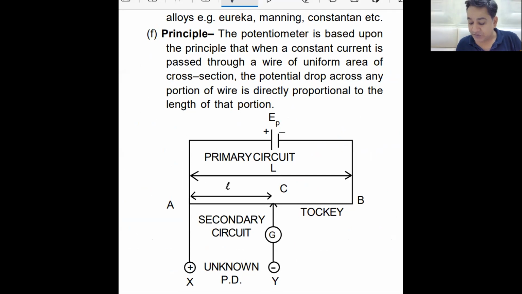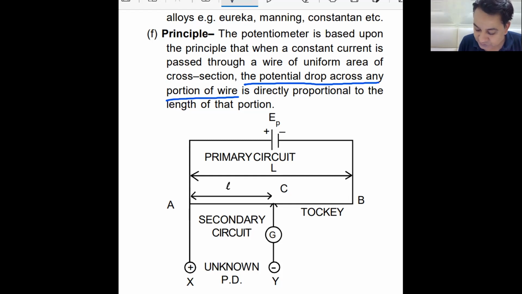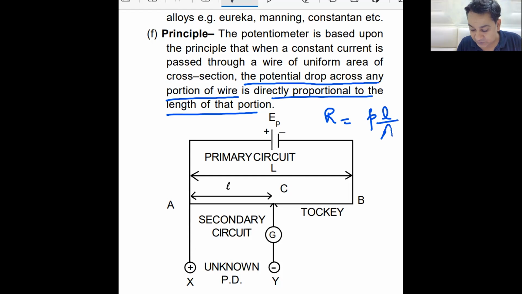What will happen is the potential drop across any portion of the wire is directly proportional to the length of that wire, because resistance of the wire is rho L by A. Do we understand this? Yes or no? Yes, sir. If rho and A remain constant, resistance of the wire will also be directly proportional to L. Yes or no?